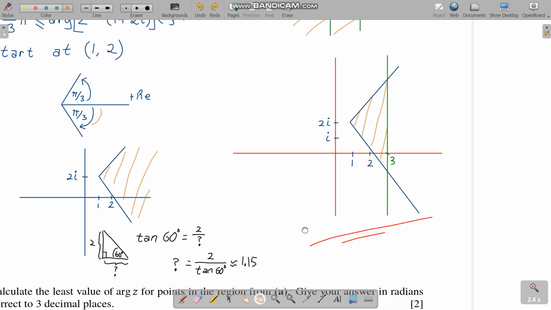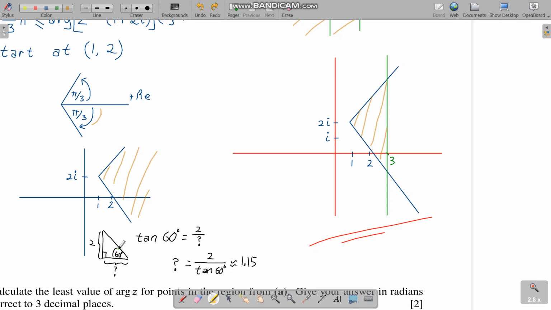For this x-intercept here, pi over 3 is 60 degrees, and we know that this length is 2. If you want to find this length here, we use tangent.